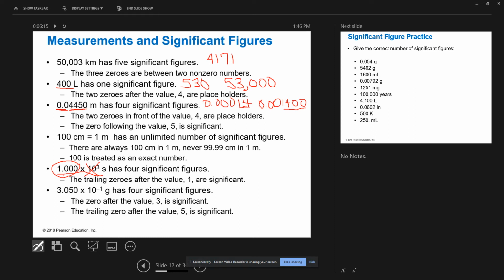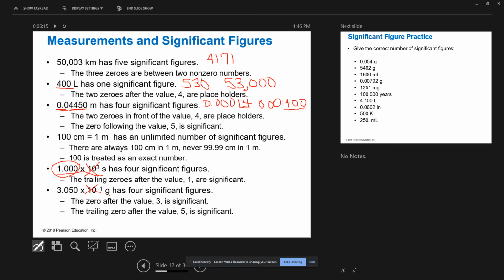So for example, here we have a decimal number, and I have zeros. They're trailing zeros, but they come after a non-zero number. They all count. So I got 1, 2, 3, 4. 4 significant figures. Then here, it's the same sort of idea.